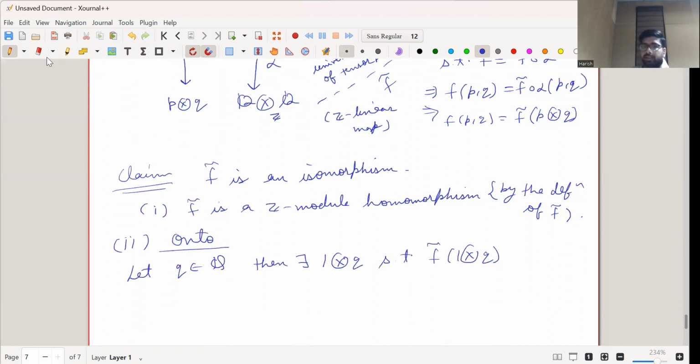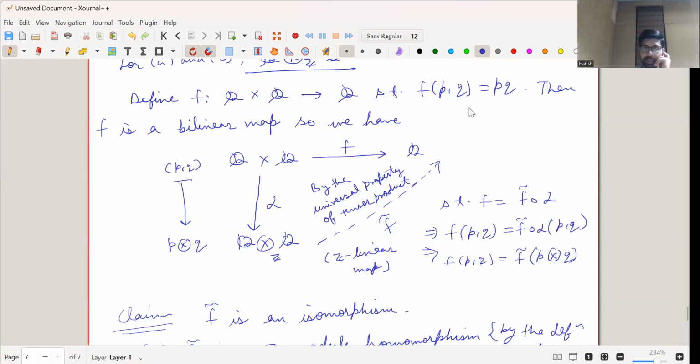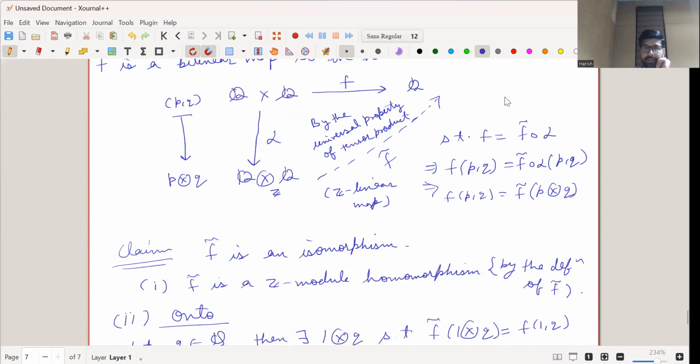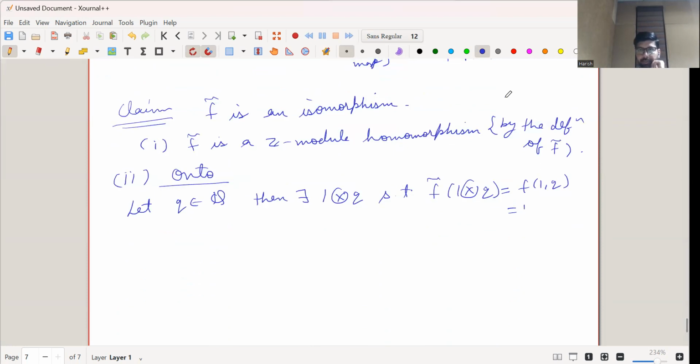We say there exists 1 tensor q such that F delta of 1 tensor q is F of (1, q), and by definition F is just multiplication, so it is 1 times q, which is q. So it's surjective: for all q there exists this pre-image that is mapped to q. So onto is also there.